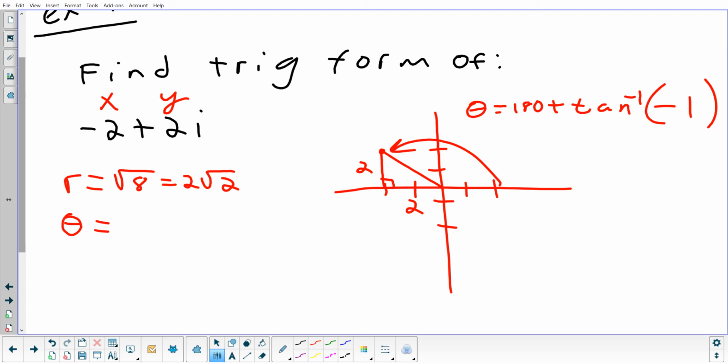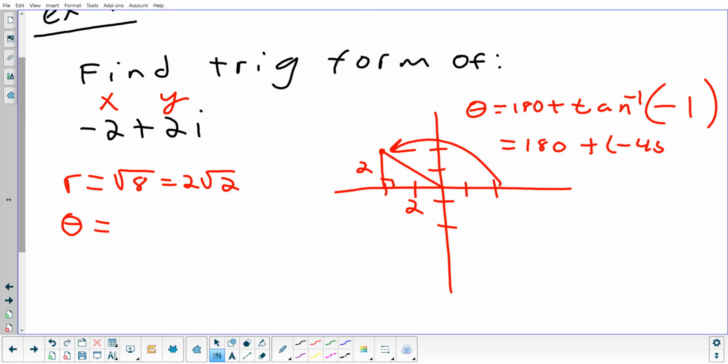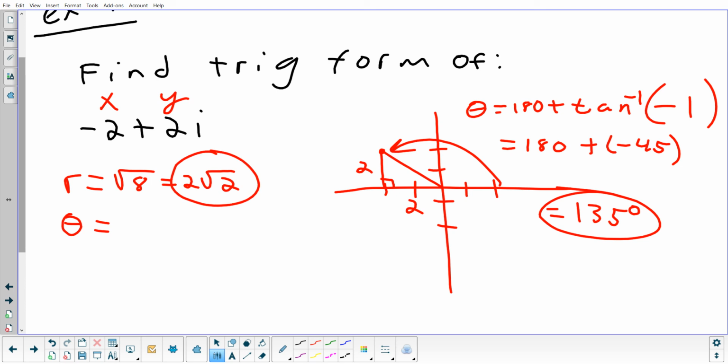So it's 180 plus the inverse tangent of y over x. So that's 180 plus -45. And that's basically 180 minus 45, which is how much? 135. There you go. So there's your angle.